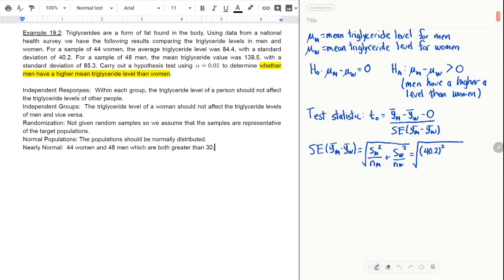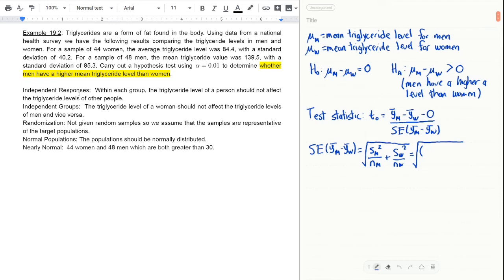We square that, then divide by the sample size, 44. Oh, I guess these are actually the values for women, so let's fix this.